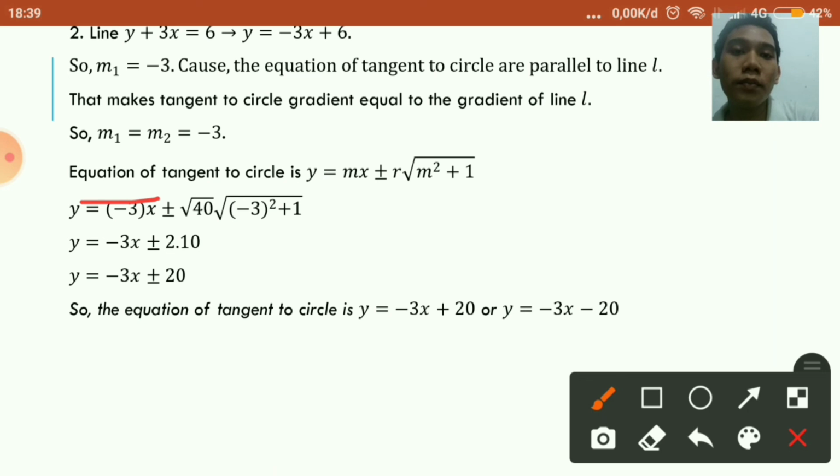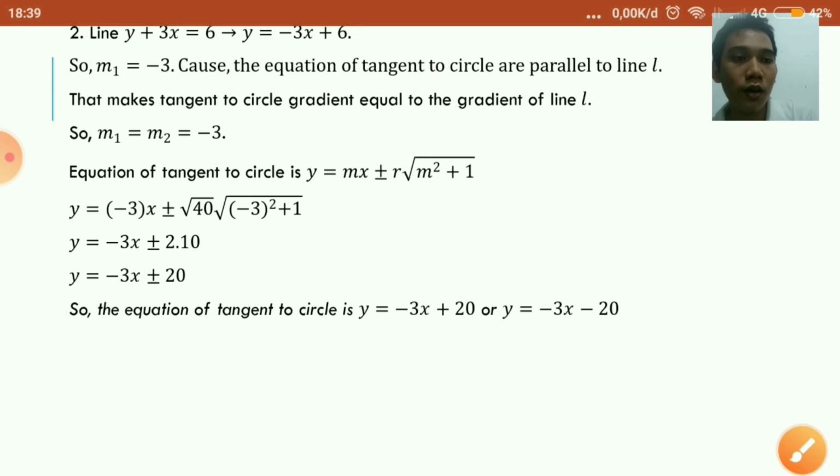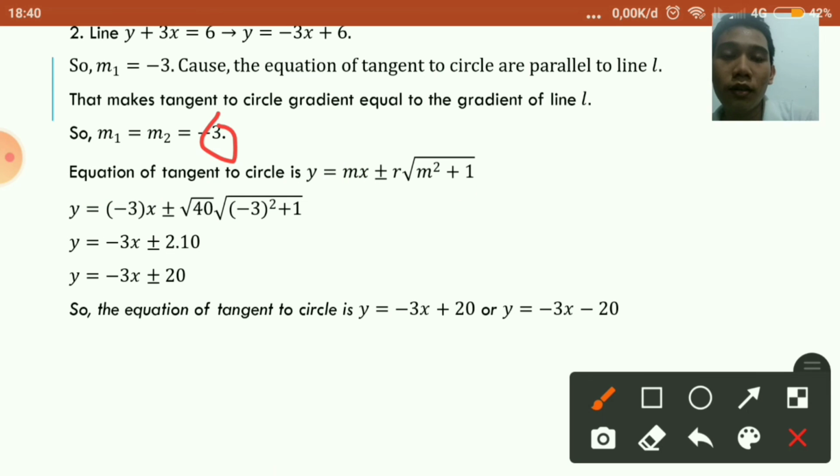So the equation of tangent to the circle for this question is y = mx ± r√(m² + 1), where m is the gradient. We substitute the gradient and the r. So we get y = −3x ± √14 · √((−3)² + 1).